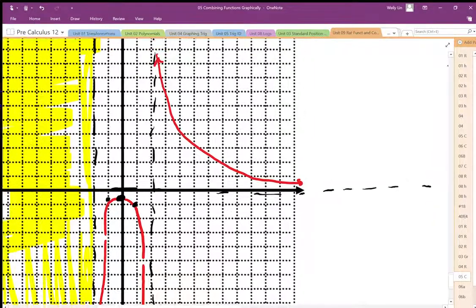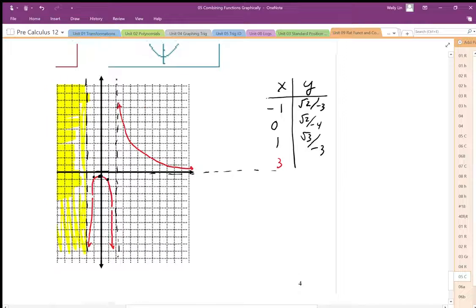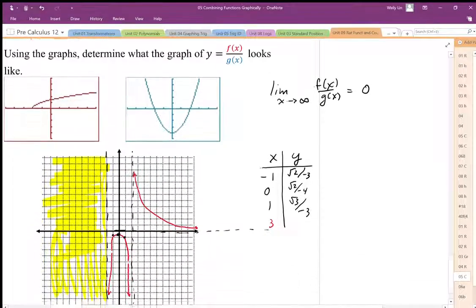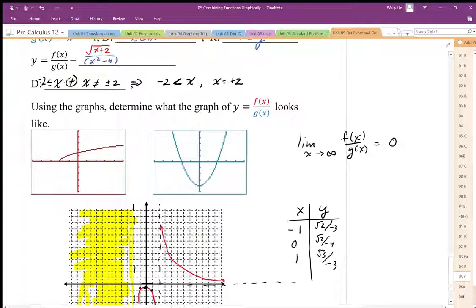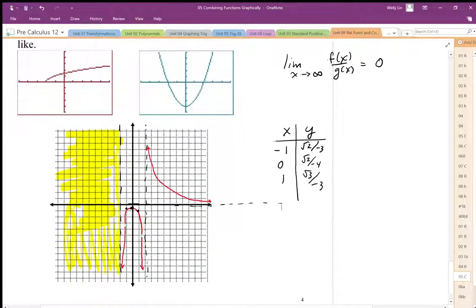We're going to confirm this by plugging in a few more points. So when I plug in, maybe I'll choose some nice coordinates. Let's choose x equals 7.